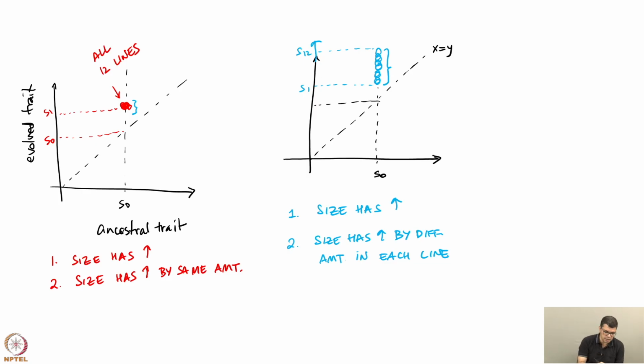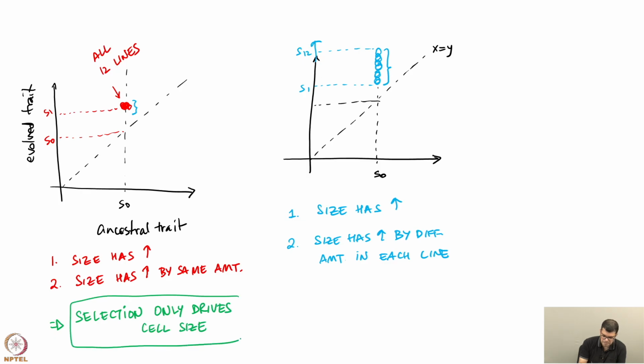So, what we can conclude from this is that in this case evolution in cell size is driven by selection only, because selection is very deterministic, and that is why all 12 lines have the same exact value after evolution for T1 amount of generations.